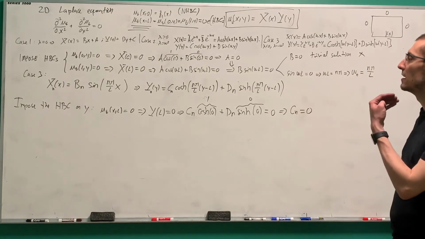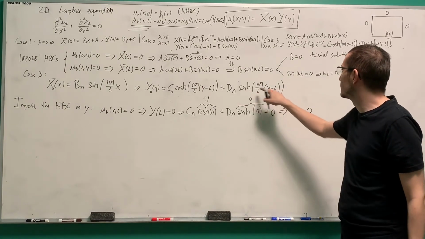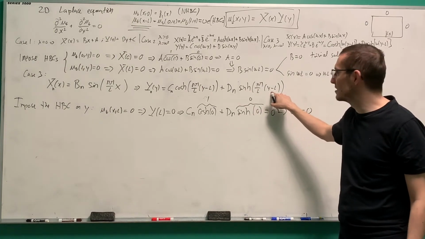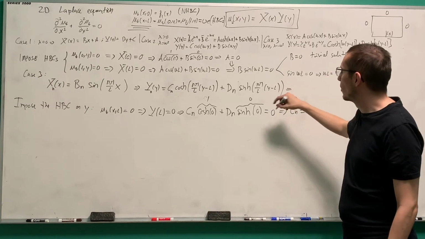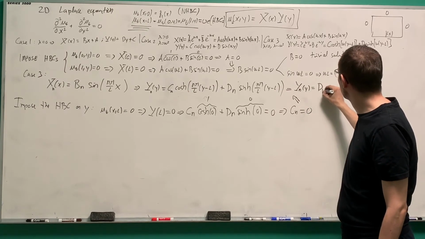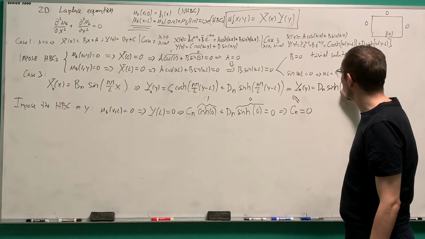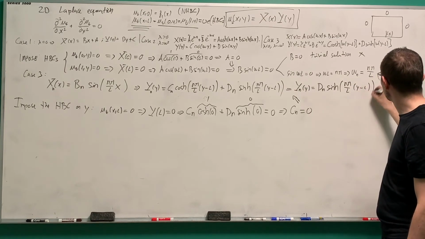So we only have sinh terms, not cosh terms. And sinh of this displacement, okay? So this means that because of that, yn of y is just dn sinh of n pi over L y minus L.